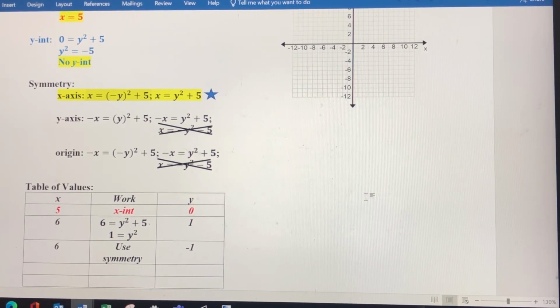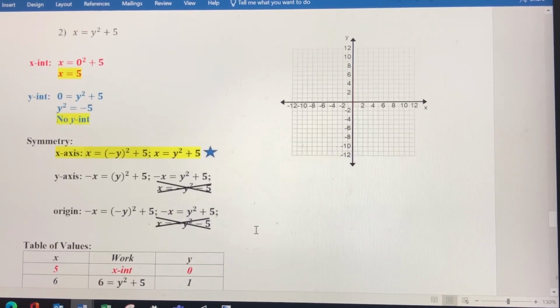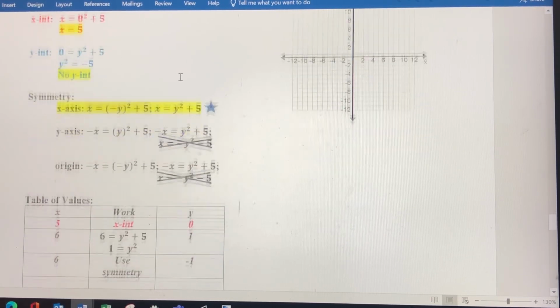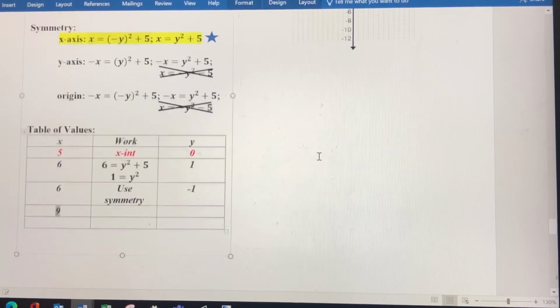Now, I'm going to be selective with the next value I plug in for x. Because this is y squared, I want it to be a perfect square, so I'm not getting decimal values. It's going to make my graph a little neater. So I'm going to choose to plug in 9. This is a decision you are going to have to make going forward.